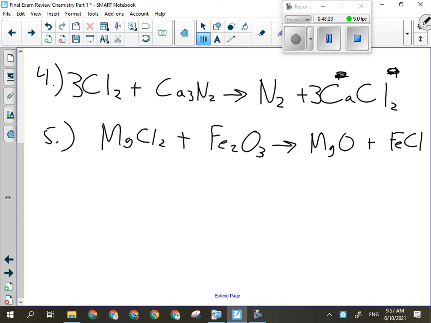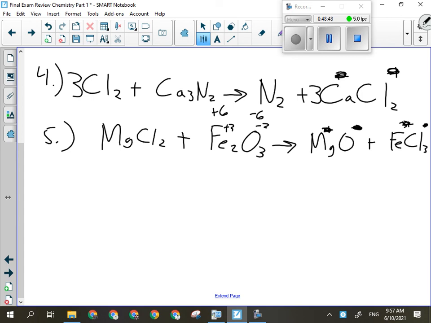All right, so I've got to do that thing we talked about earlier. Oxygen's always a -2, so there's 6 negative charges. I've got to get 6 positives from these 2, so iron is a 3+. All right, so this is 3+, this is 1-, so I'm going to have FeCl3. This is a 2+, this is a 2-, so that compound is fine the way it's written.